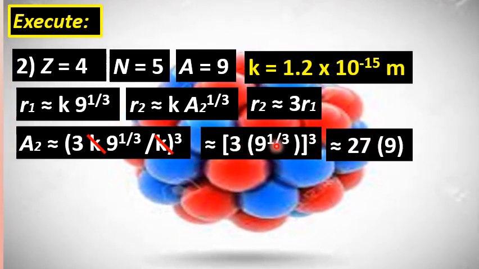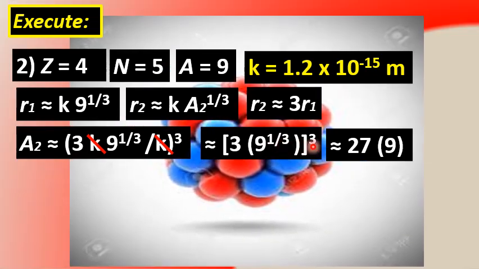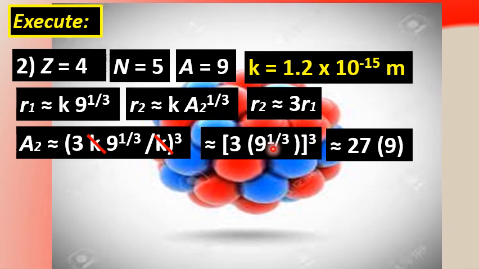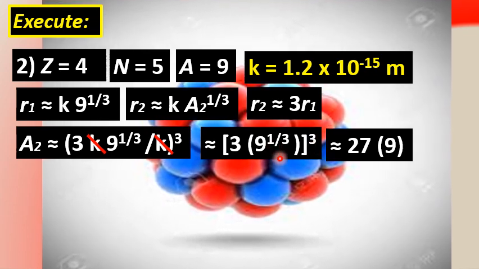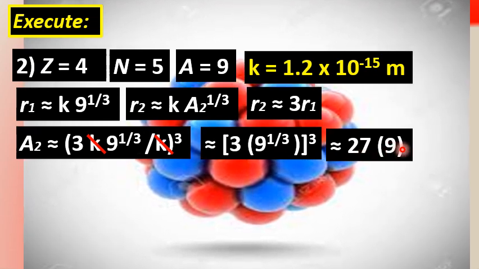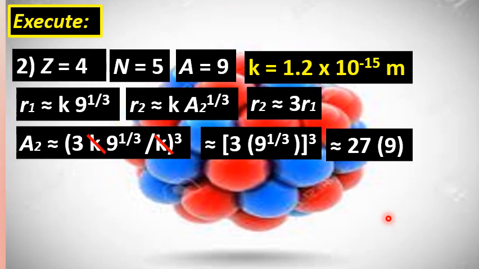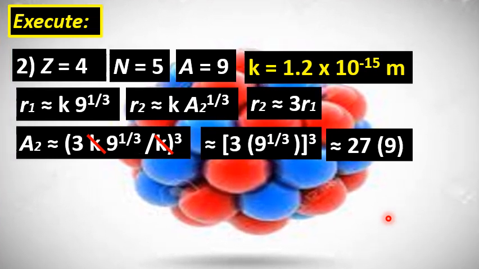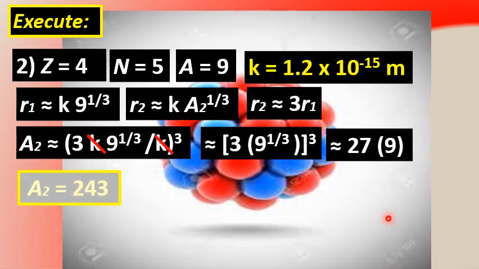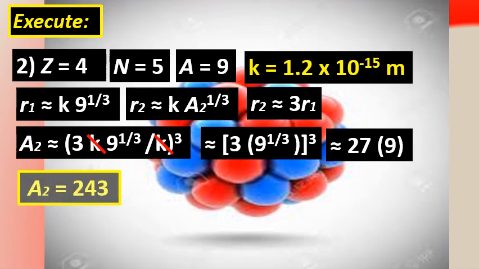And the cube root of 9, when you get the cube of that, would still be equal to 9. And finally, the value for A sub 2, or the mass number of the unknown nucleus, is therefore equal to 243.